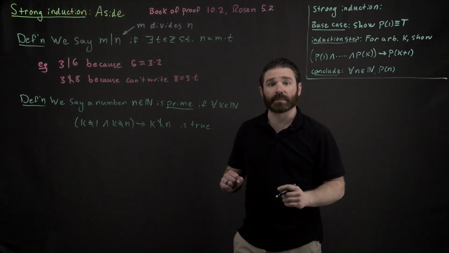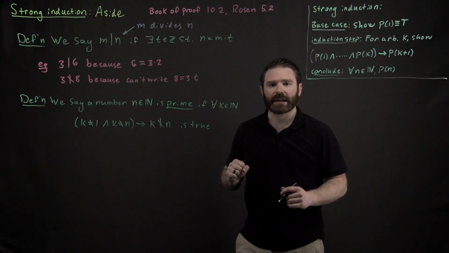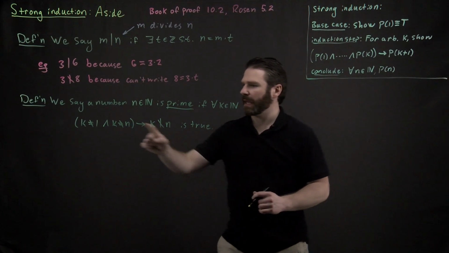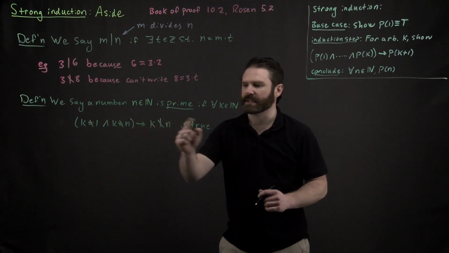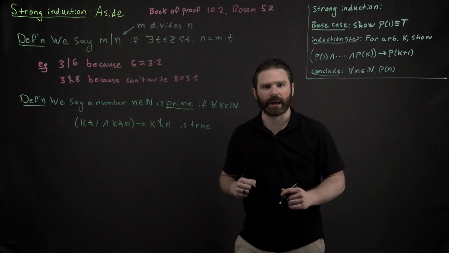We say a number n is prime if for every natural number, this following implication is true. If that number is not 1, and if that number is not n, then it does not divide n. That means n is prime.